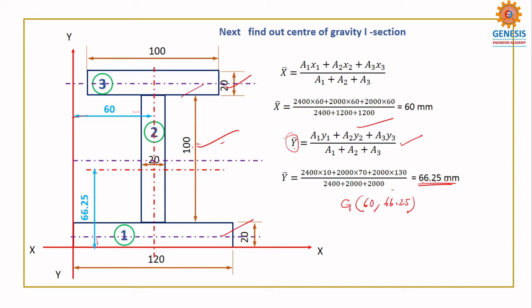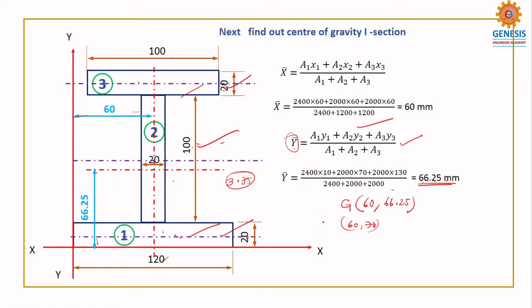But the upper part is having 120, but the lower part is 120, 20. So it is heavier. So the center of gravity moves a little bit. How much is it moving? 3.75. You understand? Okay. So if it is symmetric on both sides, if the top flange is also the same as the bottom flange, you can straight away find out this is 67.